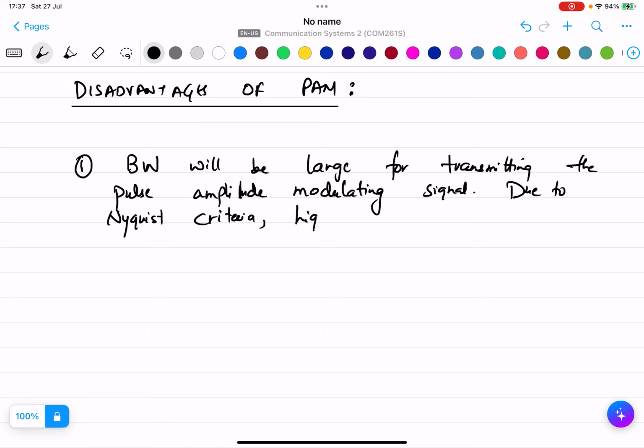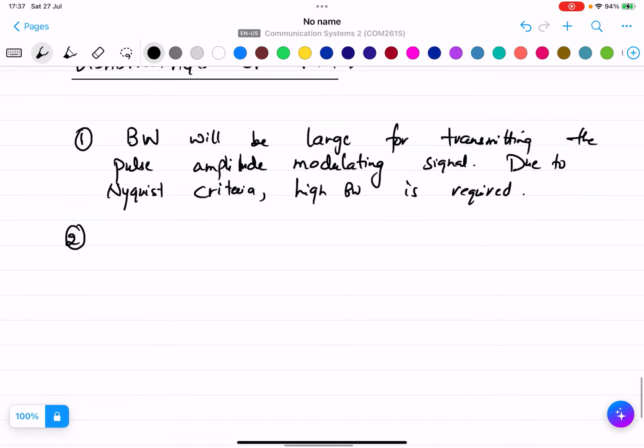High bandwidth is required. Okay, so remember this is the disadvantage, that in this one high bandwidth is required.